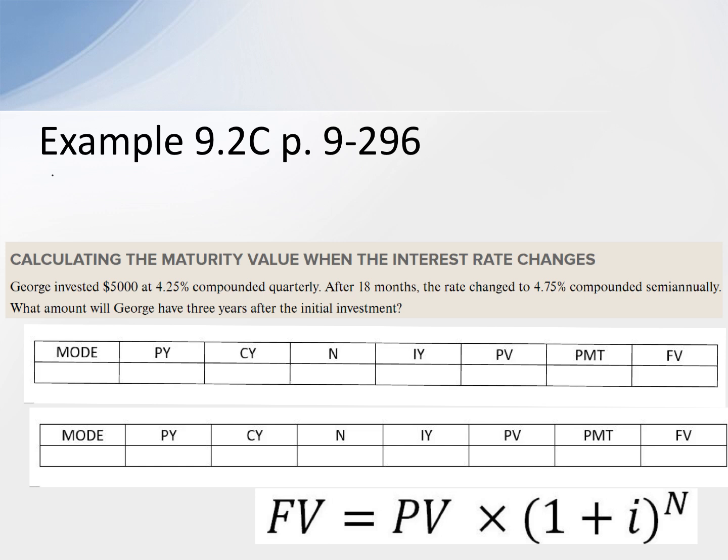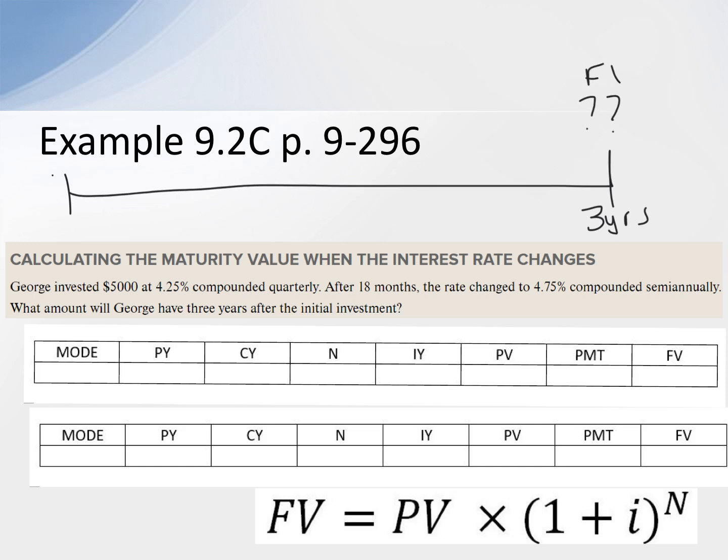So our best thing to do is draw a timeline. We're going to draw a timeline that extends out to 3 years, because we're ultimately looking at the future value here at 3 years. We're starting today with an initial investment of $5,000.